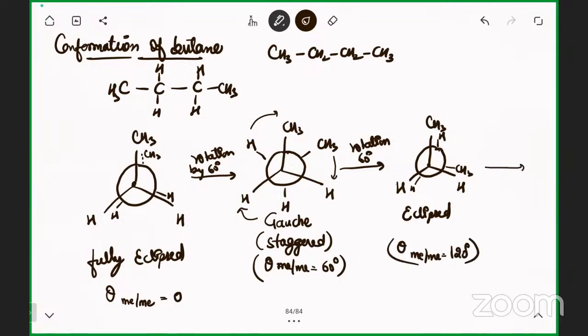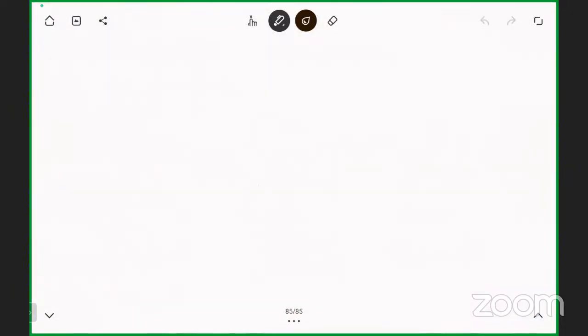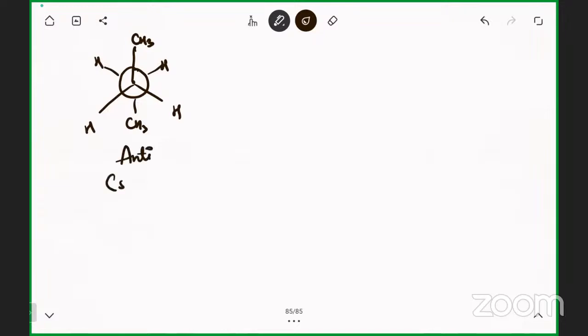One more time, if I do the rotation by 60 degree, this will come this side, CH3 will come this side, H will come this side. So the compound formed will be CH3, here CH3, here H, here H, H and H. So this is known as anti-form, or you can also say staggered in basic language.